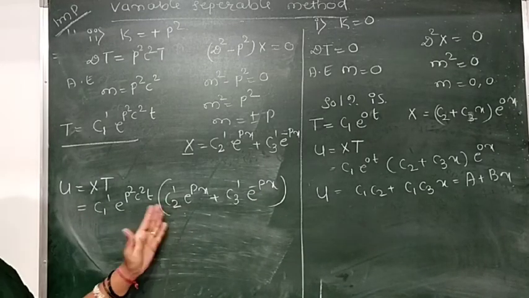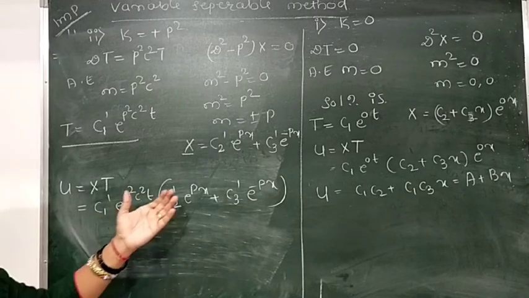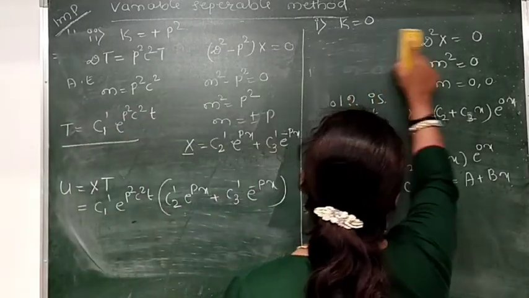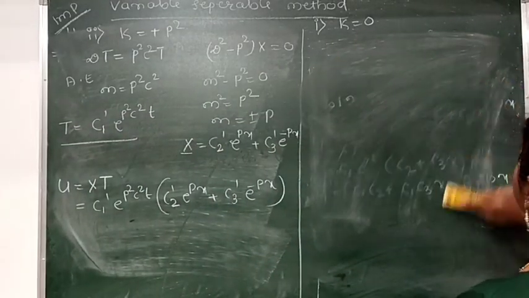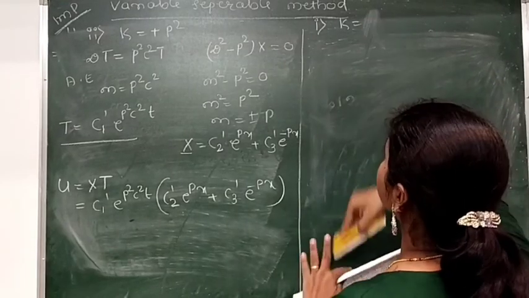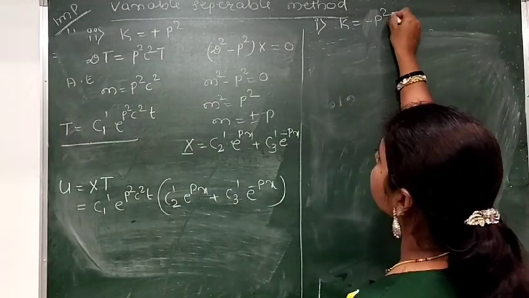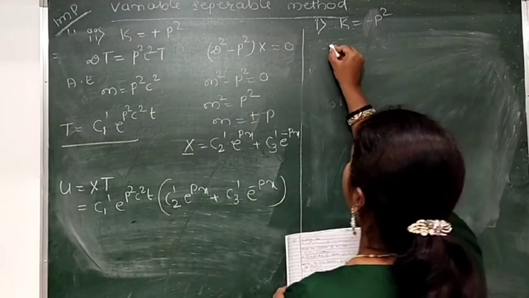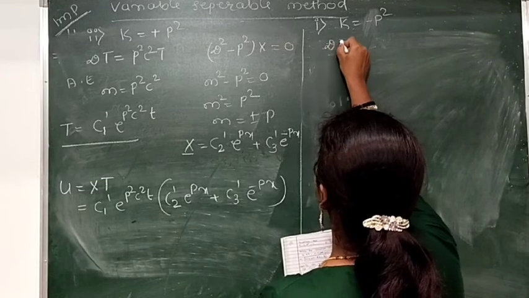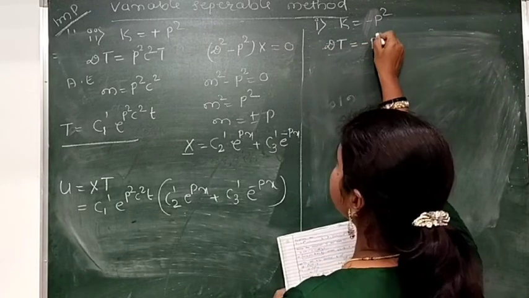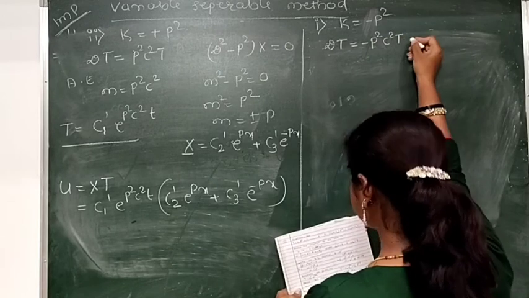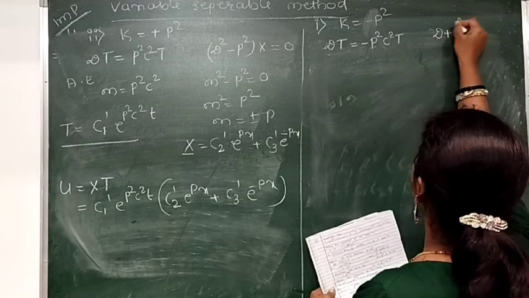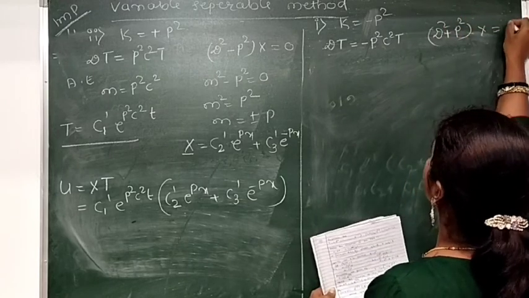If you want, again take the constants, simplify and make them in terms of a' and b' also. Now we take the last case, that is the third case, k = -p². Similarly, as we did for +p², we make it for -p². Instead of plus, we take dT/dt = -p² c² T, and here d²X/dx² + p² X = 0.